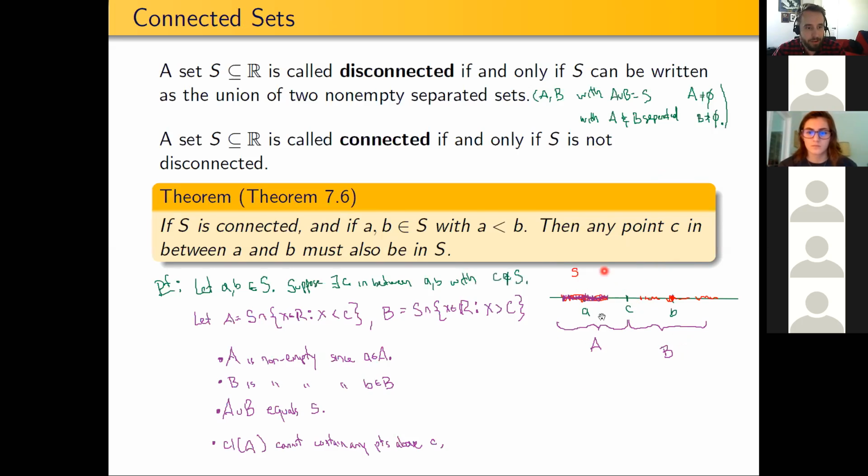Closure of A is stuck over here while B is stuck over here. So why is it that the closure of A cannot contain any points above C?